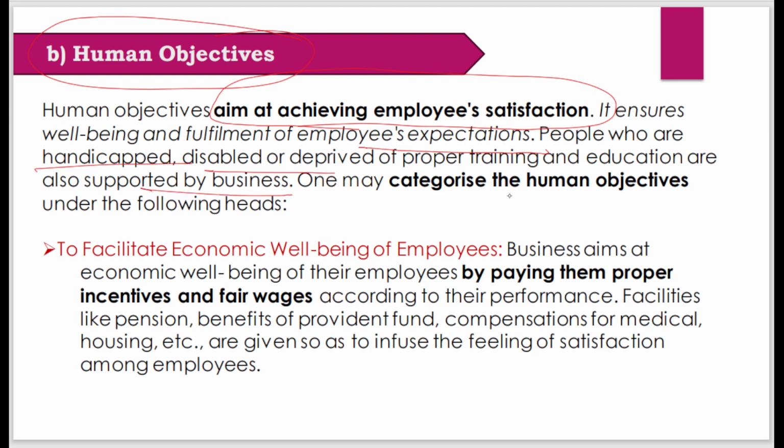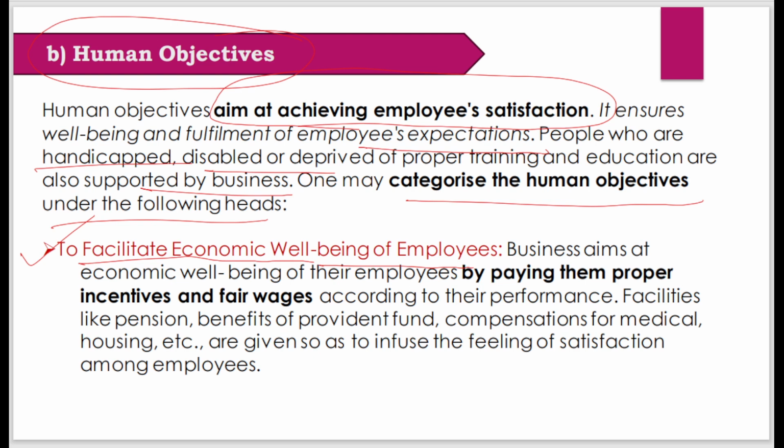One may categorize human objectives under the following heads, right? The first one is to facilitate the economic well-being of the employees. As we know, if employees are happy, that means they are doing their job with interest, and that will lead to business growth, right?